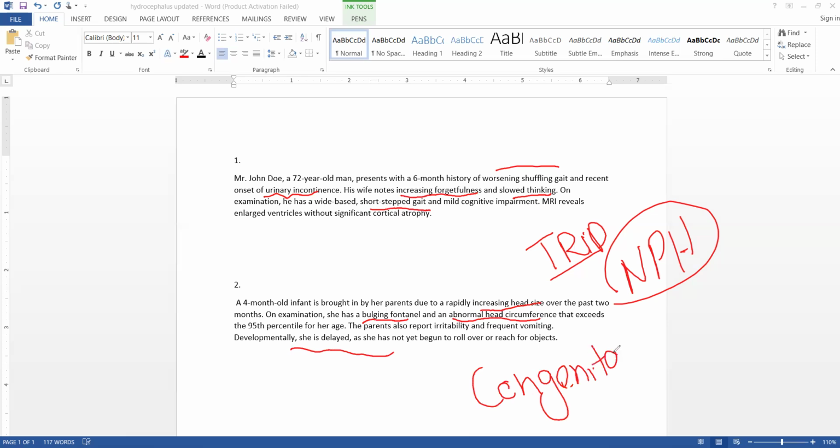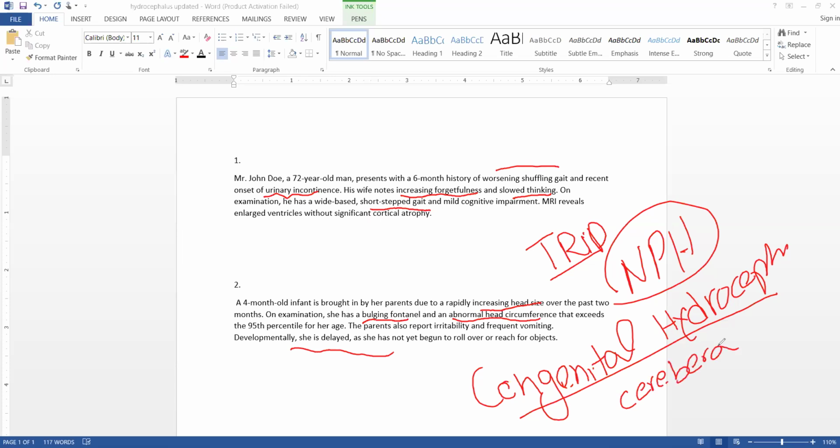There are multiple causes of congenital hydrocephalus: cerebral aqueduct stenosis, Chiari-2 malformation, and Dandy-Walker. So these are some high yield associations with congenital hydrocephalus.